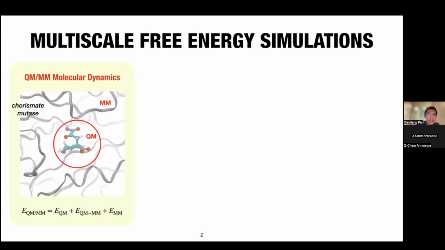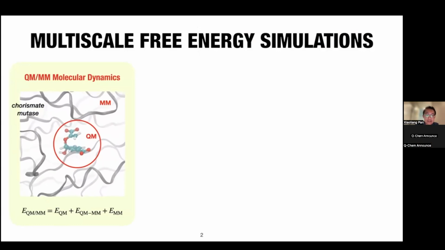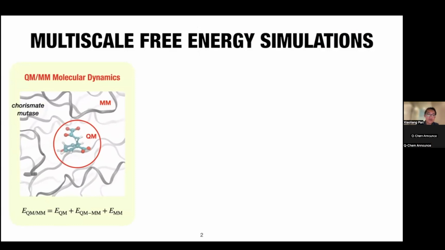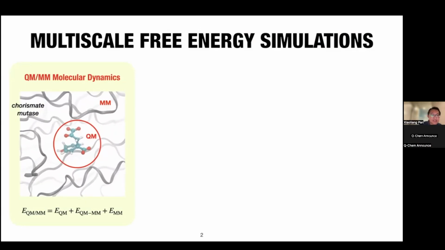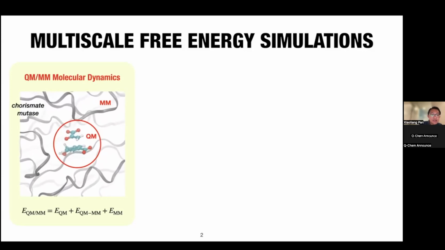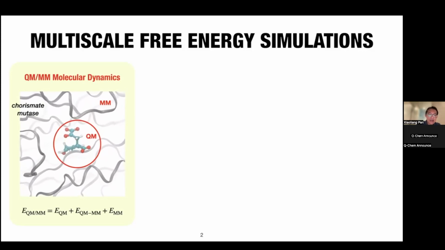One is the QM region, which usually involves the reaction center of the system, for example, the substrate of the enzyme or some nearby side chains of the protein. This example is the enzyme called chorismate mutase. Here the QM region is the substrate, and the MM region is the enzyme and also the surrounding solvent environment.